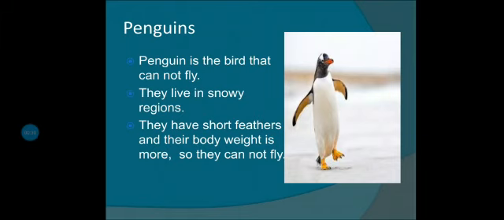You can see in this picture that feathers are very small compared to their body size. So, their feathers are not capable to bear the weight of their body, and it makes it difficult for it to fly in the air. They can jump, but they cannot fly.